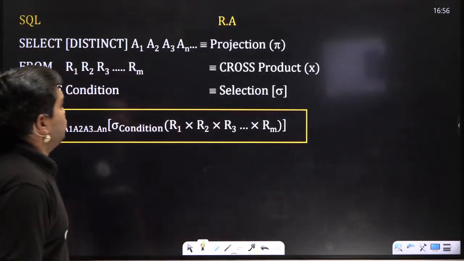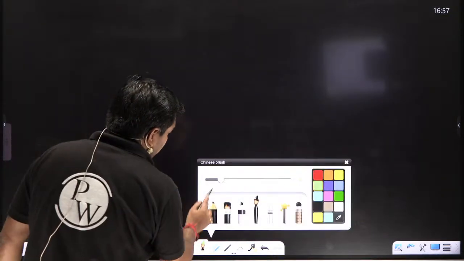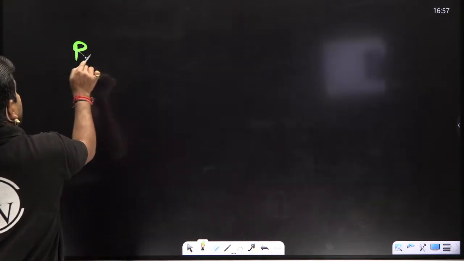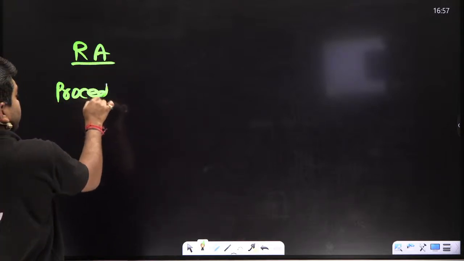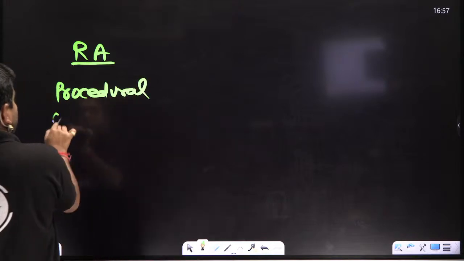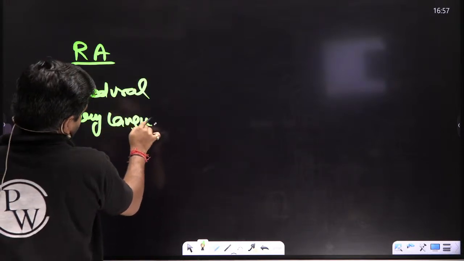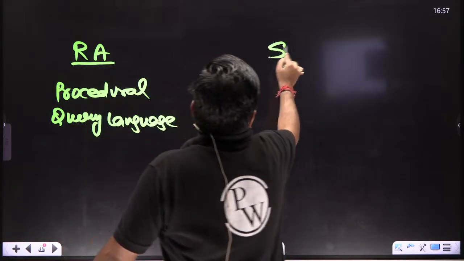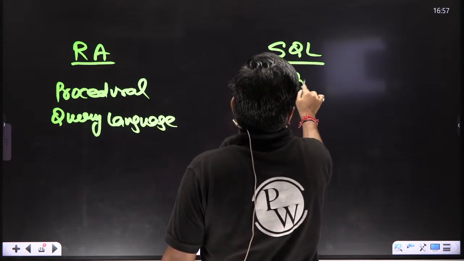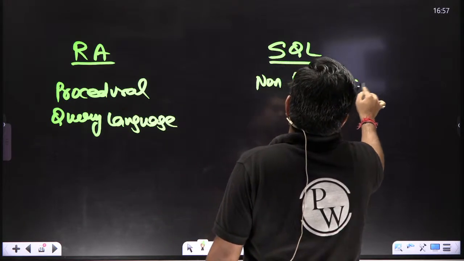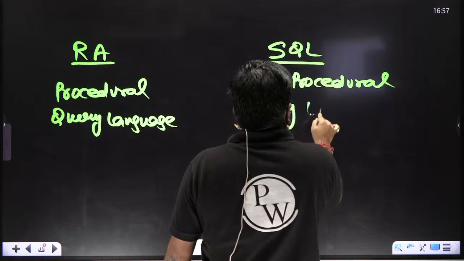Now we are going to start SQL. You know what is the difference between relational algebra and SQL? Relational algebra is a procedural query language. SQL is a non-procedural query language.